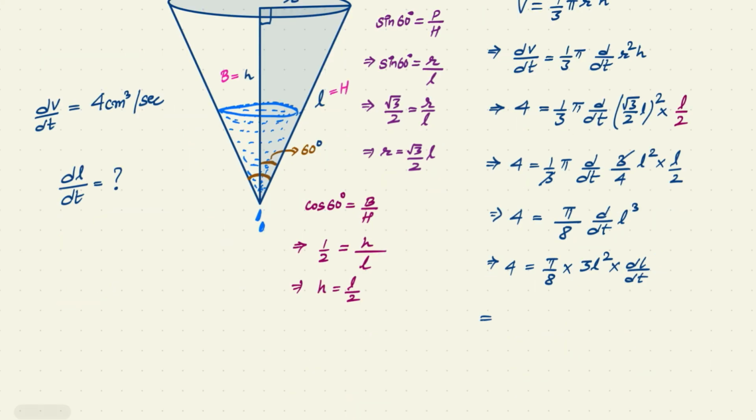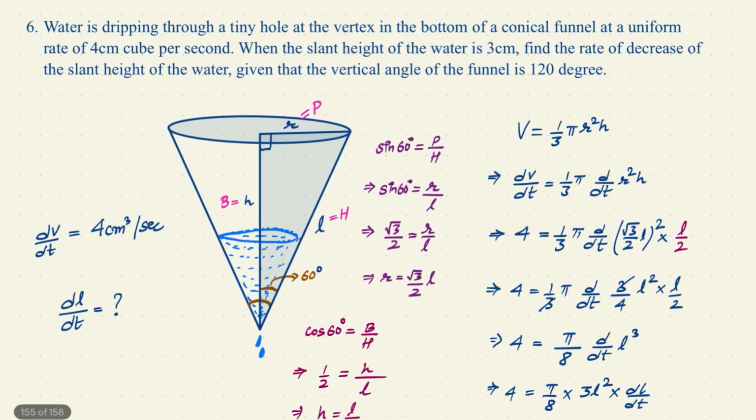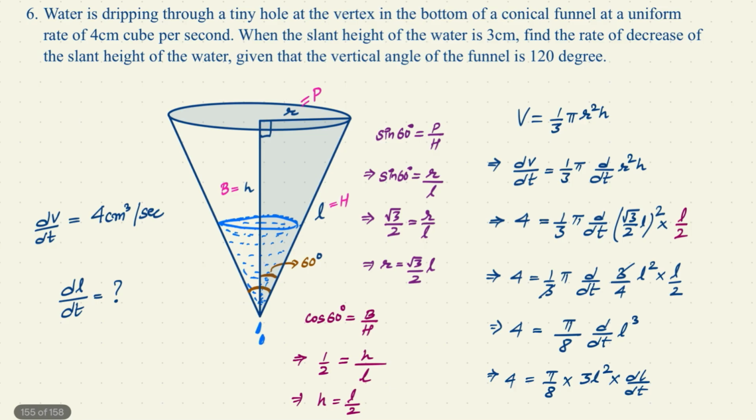So on cross multiplying we will get dl over dt equals 32 by 3 pi L square. So we have got the change of slant height with respect to time, but the question is asking to find this value when the slant height of the water is 3 centimeter. That means we will put the value of L as 3 centimeter.